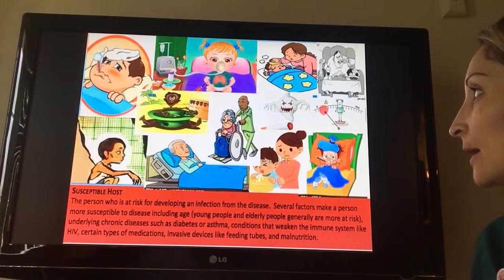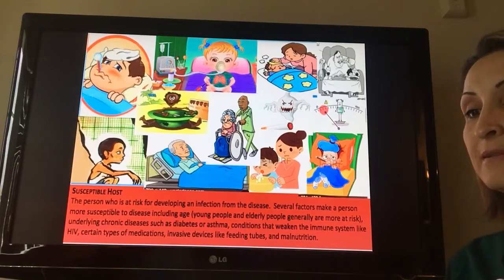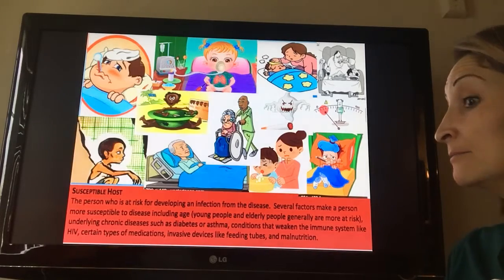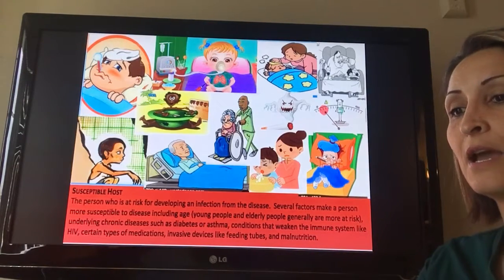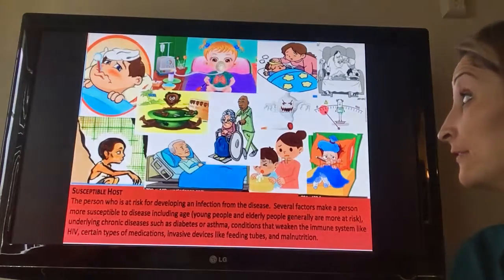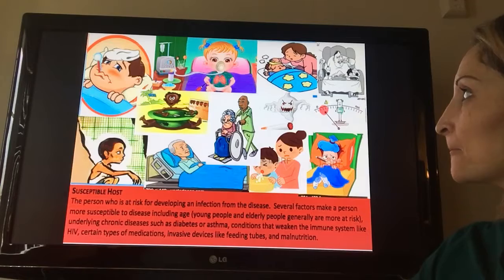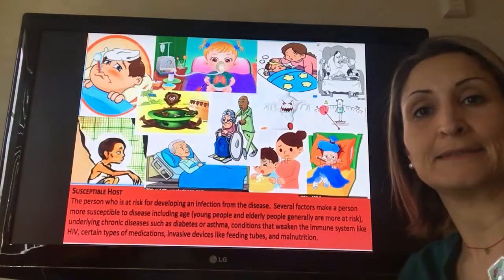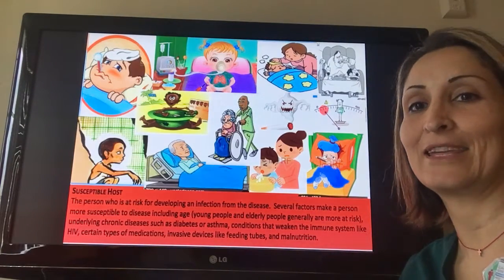So those are very weak immune systems. This is the cycle or the chain of an infection. That's basically it. Thank you very much.